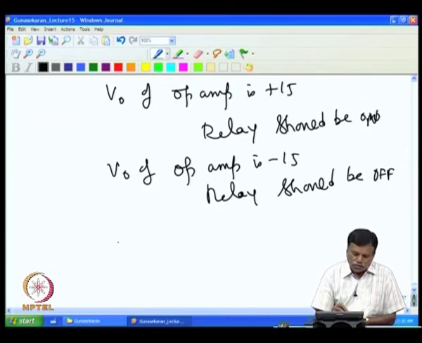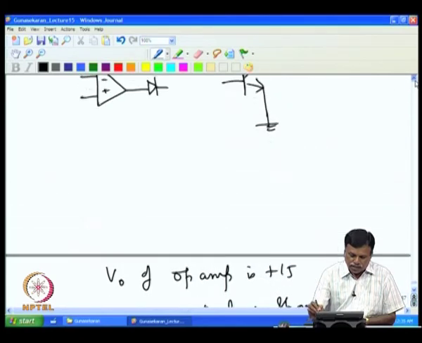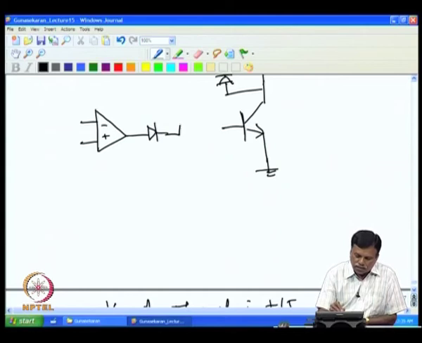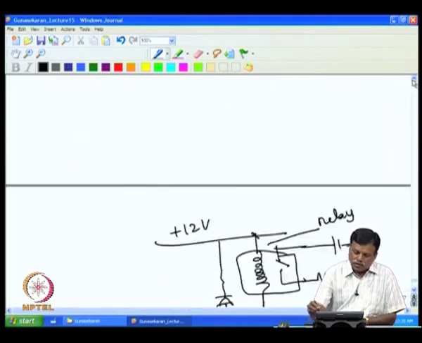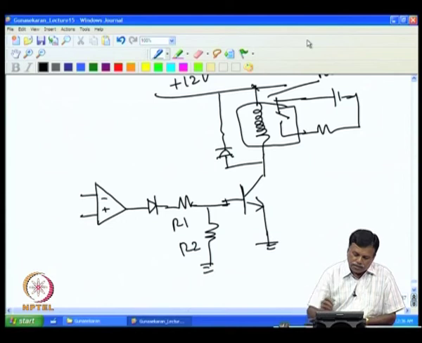So, how will you complete the circuit? I have to complete the circuit by linking this one to the base. So, I will put one diode, plus one resistance here. I call this R1, this R2, and the diodes are D1 and D2.